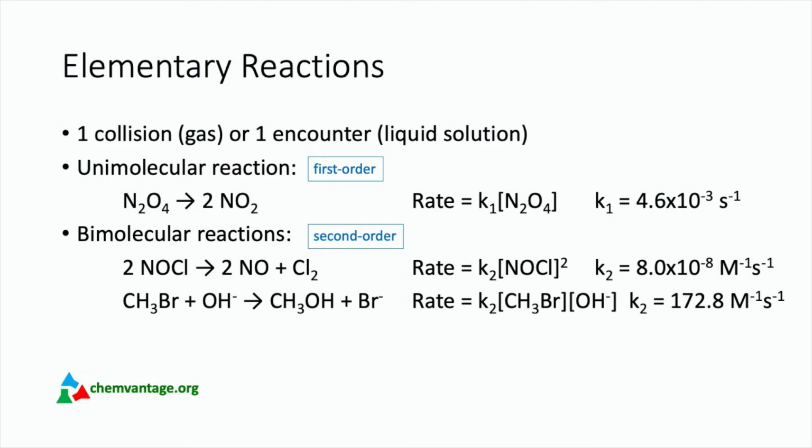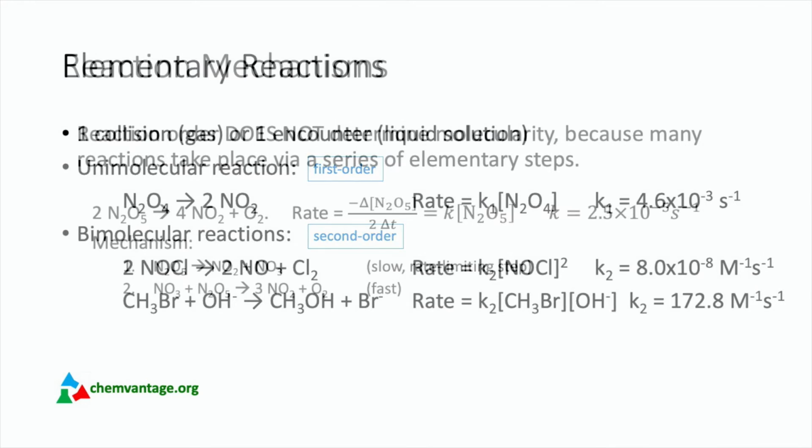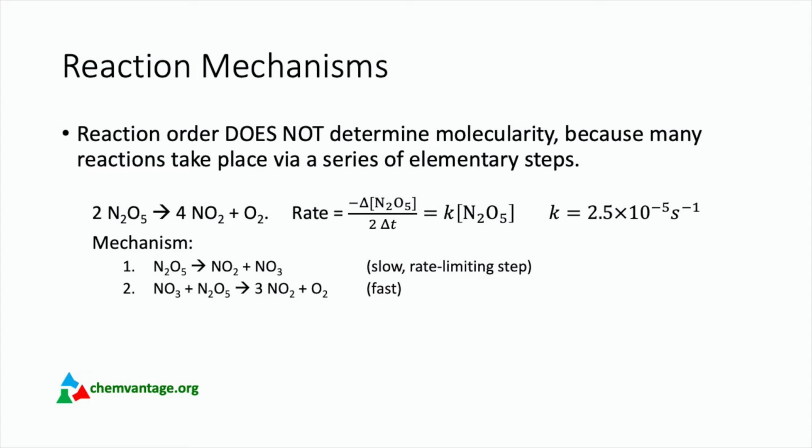For elementary reactions, the molecularity determines the order of reaction, because the overall rate is proportional to the collision rate. However, the converse is not true. The reaction order does not necessarily determine the molecularity of a reaction, because often a reaction will take place by means of a multi-step reaction mechanism.